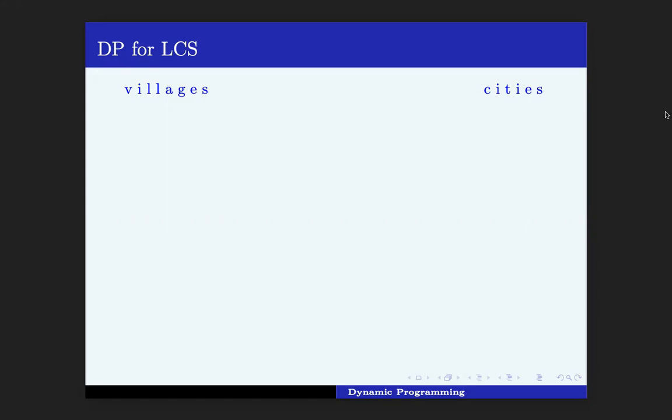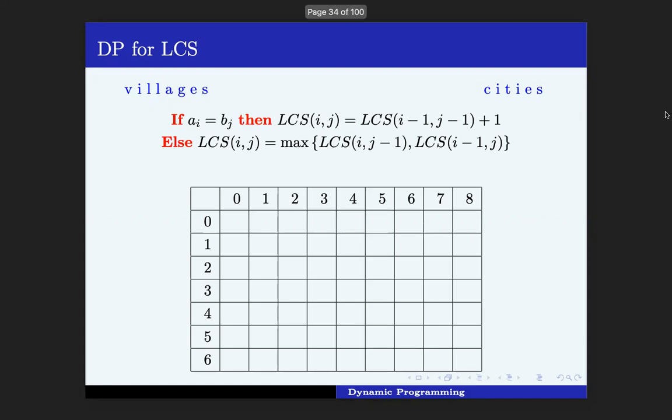So the total number of LCS quantities that can be there is how many? n times m. So write out a matrix. How big is the matrix? n times m.